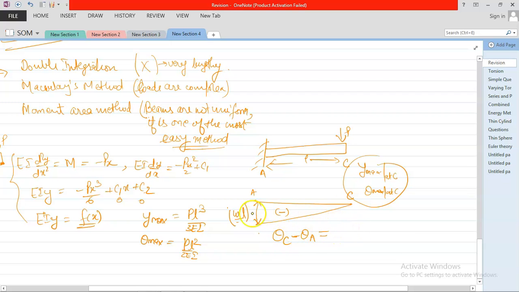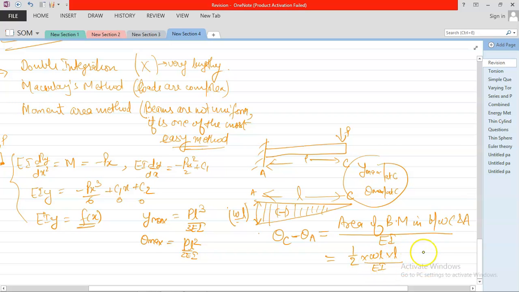Theta c is equal to the area of the bending moment diagram between C and A divided by EI. The area is 1 by 2 into PL into L, divided by EI, so it comes to PL square by 2EI.